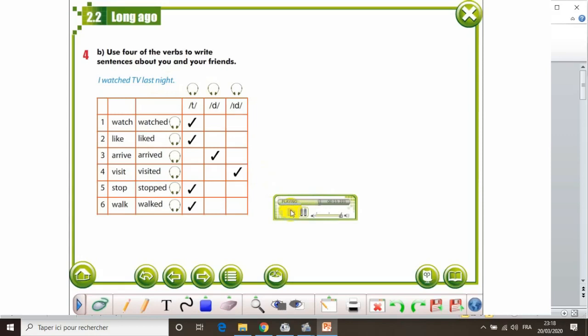I stopped at the park on the way home from school yesterday. We walked to the theatre last Sunday. So you choose 4 of the 6 verbs, and you write sentences about you and your friends. Since you are home, you write sentences about just you. Clear?